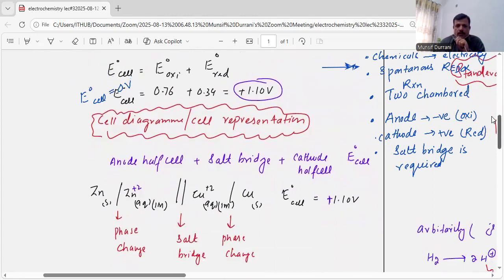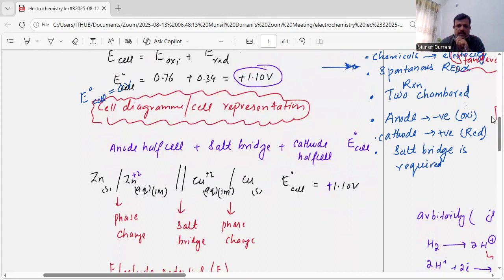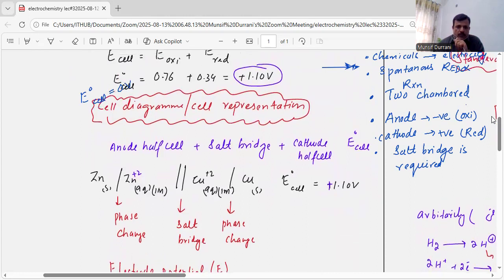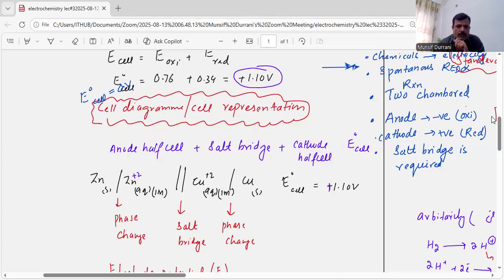In the voltaic cell, the anode half cell consists of a zinc electrode. Zinc converts into zinc ion, so a phase change occurs from solid state to aqueous solution form. For a phase change, we draw a single line.